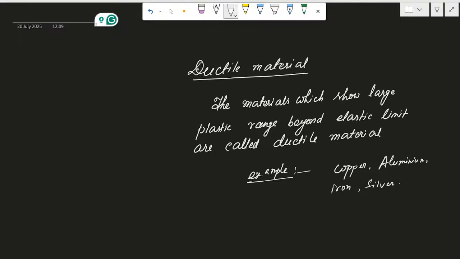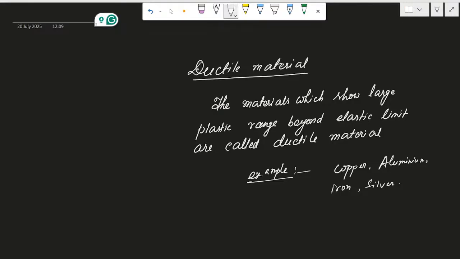Okay, so what does it mean? Just think about it very carefully. If you have a material, let's suppose a metal, a small aluminium rod, that metal has a specific elastic limit, up to which Hooke's law is not violated.